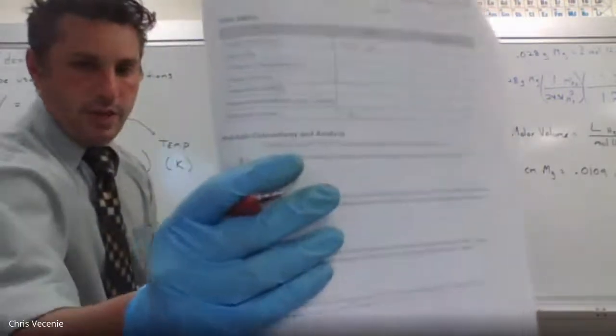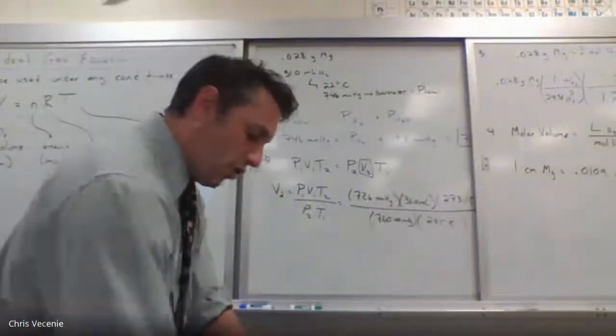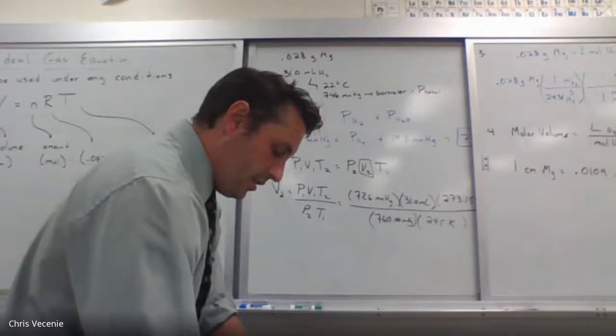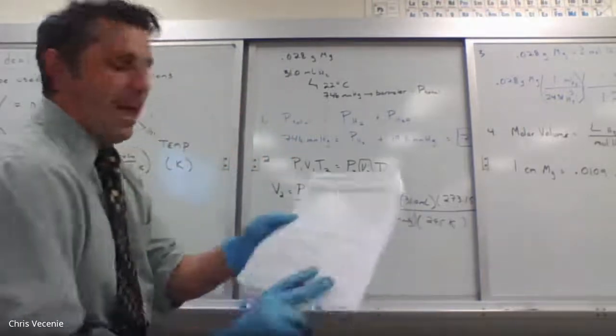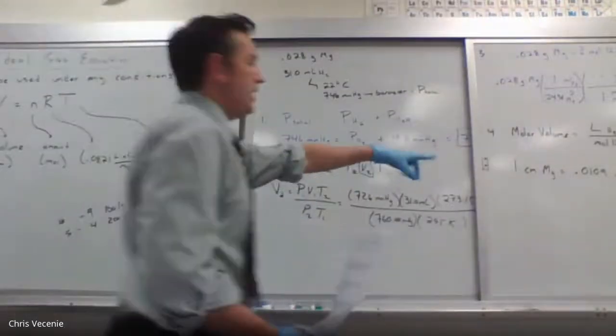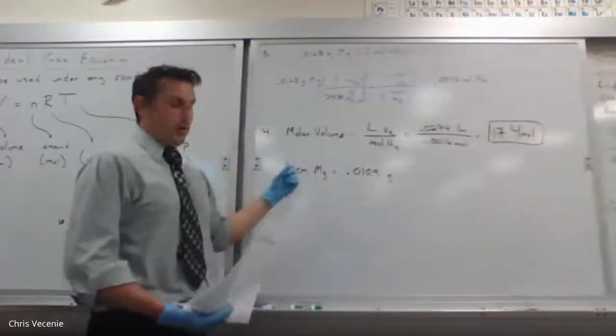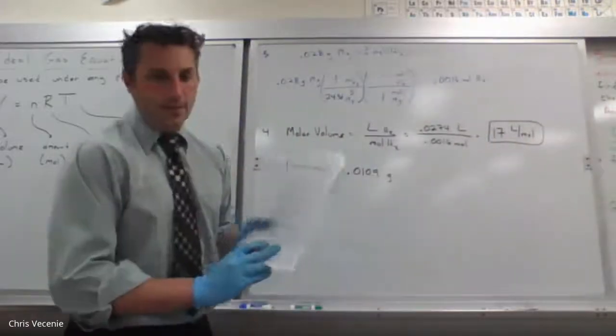Put a star next to your mass of Mg. You'll have to do a one-step bracket problem like I talked about using the 0.0109 grams to convert your 3 centimeters into how heavy that piece was.